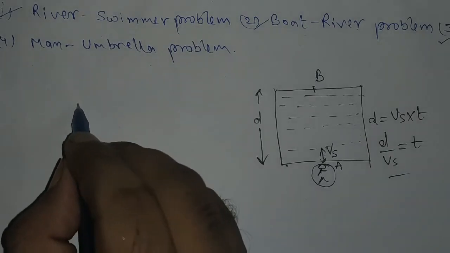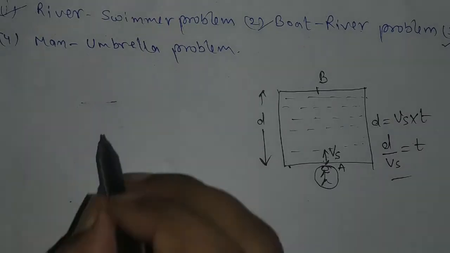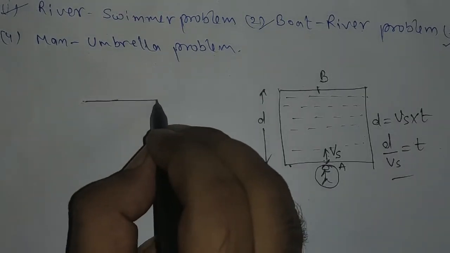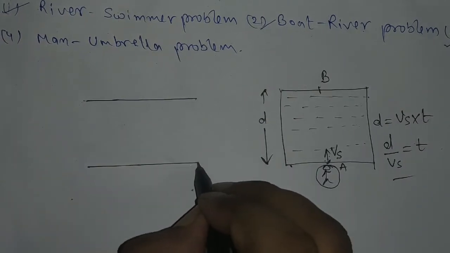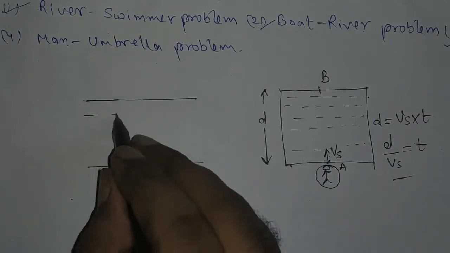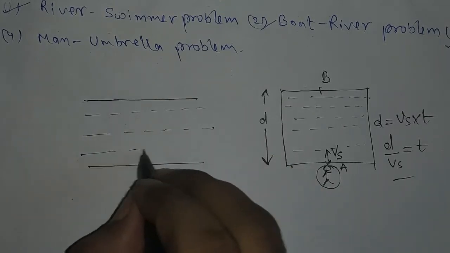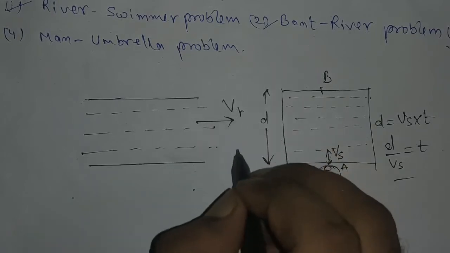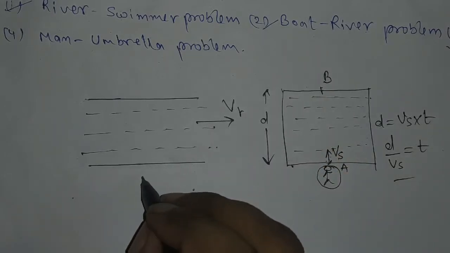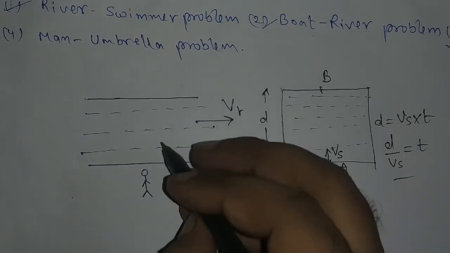Okay, see here. Suppose this is the river and water is flowing in it with velocity Vr. This is the velocity of the river, and now again one man is standing over here and wants to cross this river.